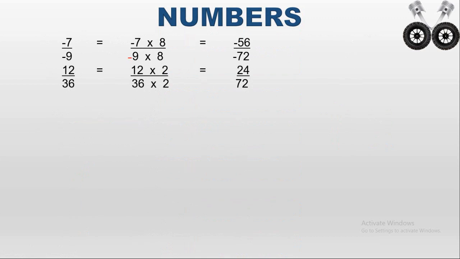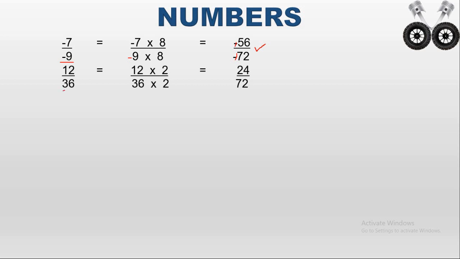Here the denominator is minus 9. I have to convert the denominator into 72, so up and down I multiply by 8. Minus 7 into 8 divided by minus 9 into 8. 7 into 8 is 56 and the denominator is 72. Minus and minus cancel, so the answer is 56 by 72.